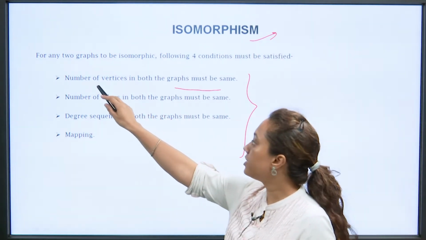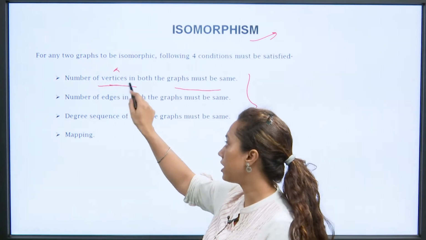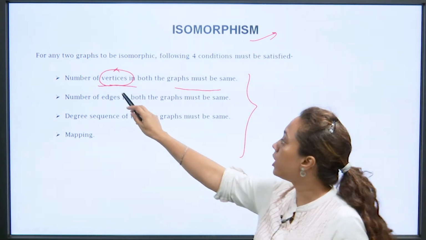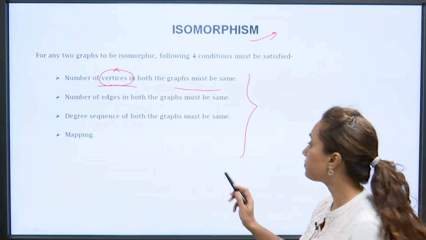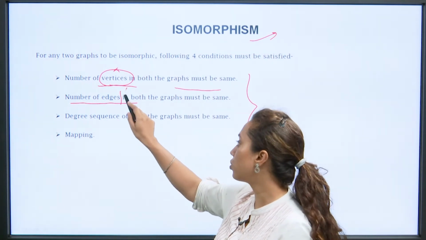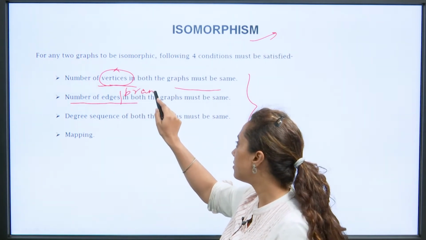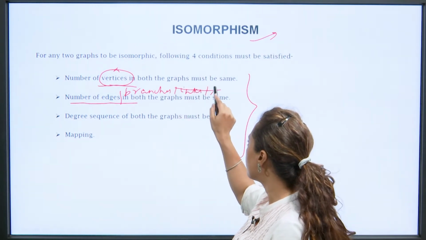So, the first condition is the number of vertices or nodes. It can be called nodes also. The number of nodes or vertices in both the graphs must be same. This is the first condition. Second is the number of edges. Edges are also called branches, links or lines.